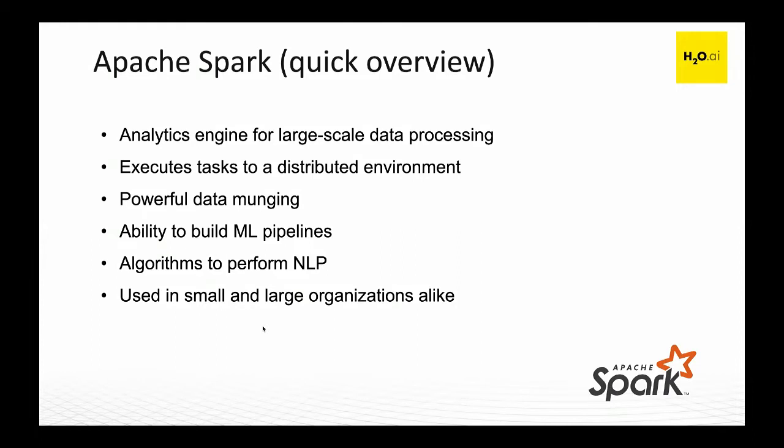As a result, you're able to use Spark to build machine learning pipelines, and not just machine learning pipelines, but also general data transformation and computational pipelines. It comes with a machine learning library, Spark ML, and it's used in tons of organizations, both small and large.